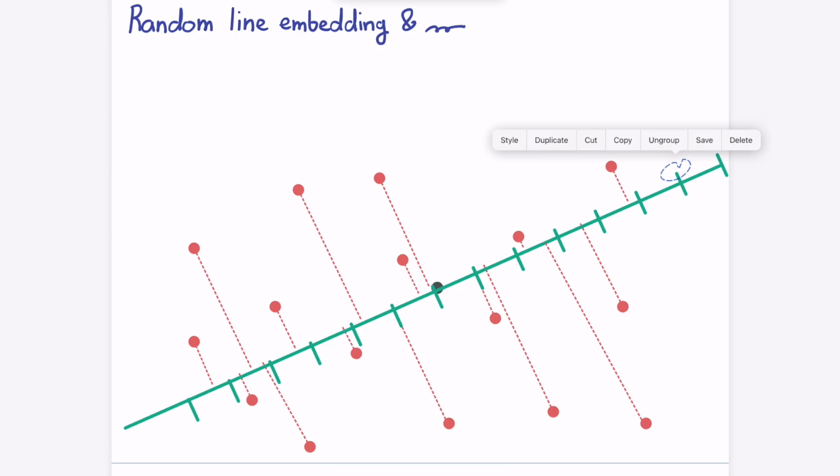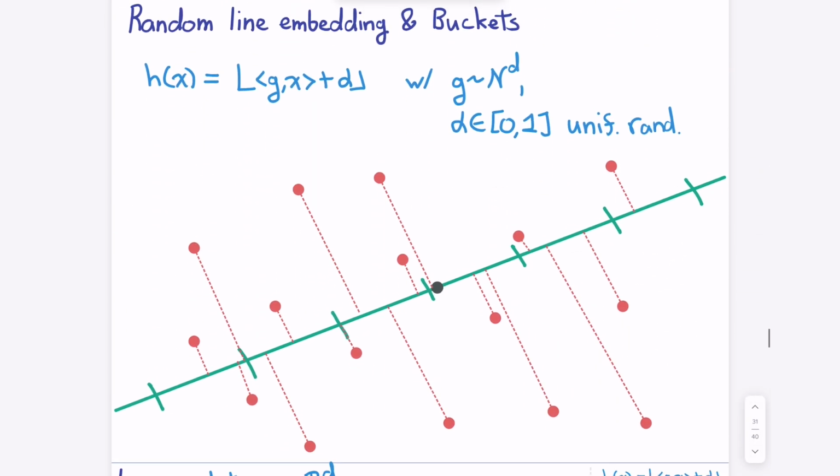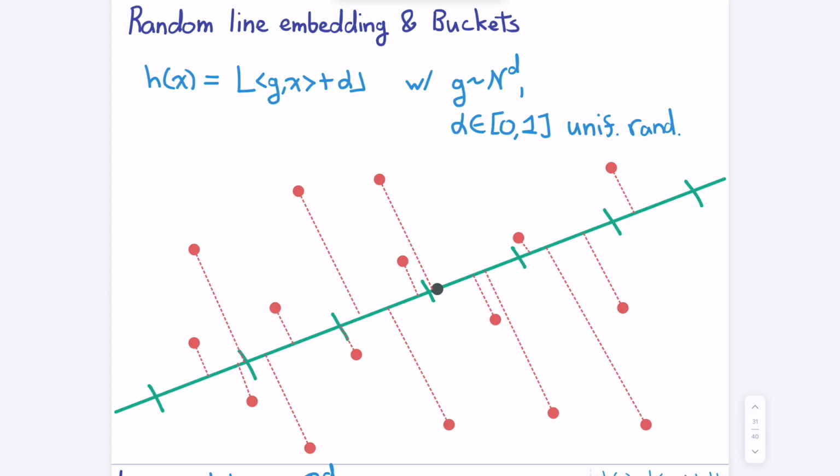So we project onto one line, and then we randomly translate the buckets. That makes sense? This is sort of equivalent: pick a random Gaussian, which is basically going to have unit length anyway. You project it, and then you add this random translation alpha.